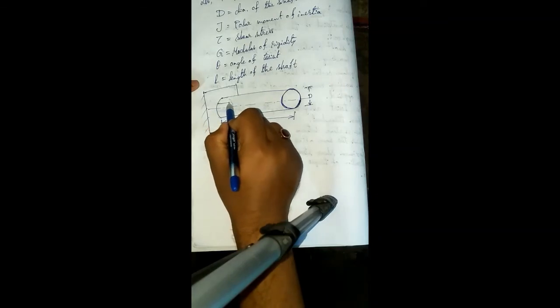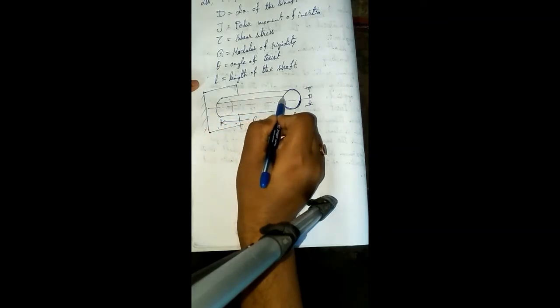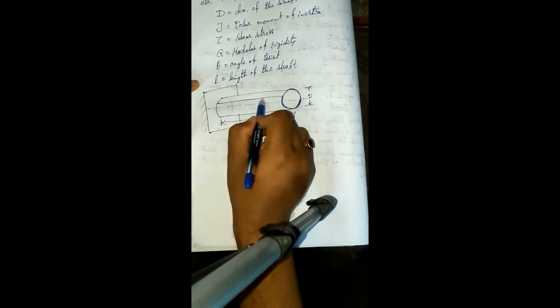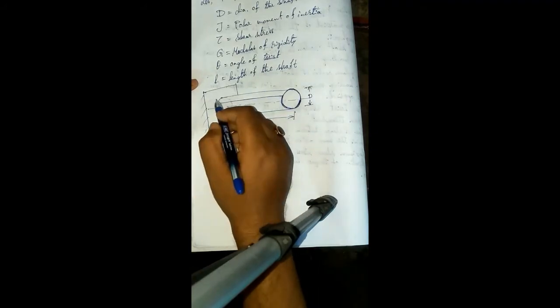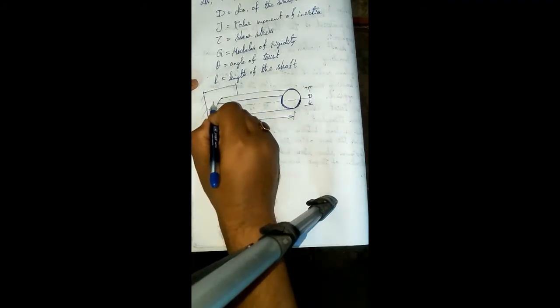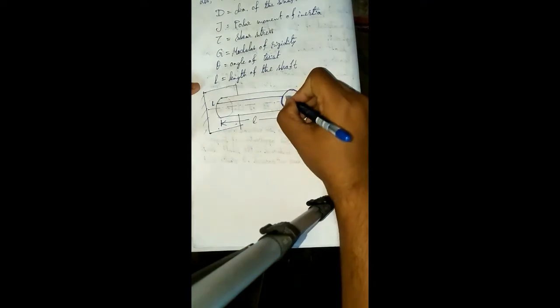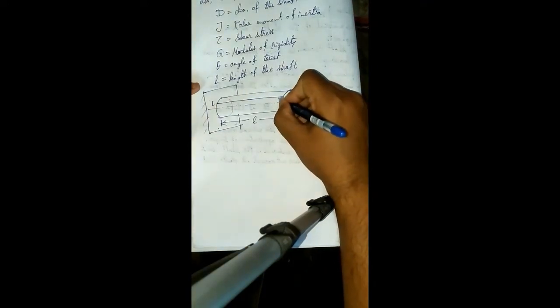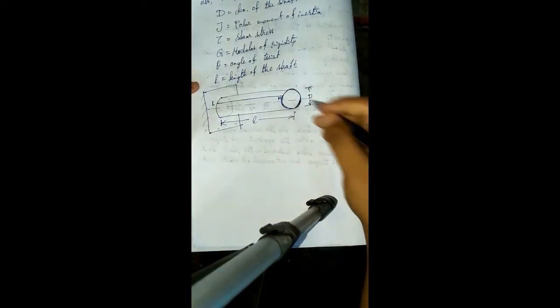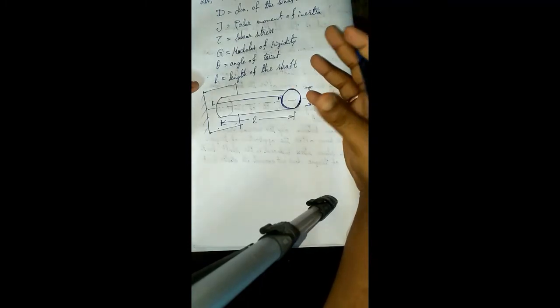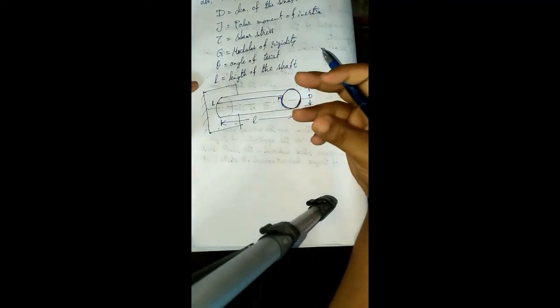Now we are taking an imaginary line on the shaft. Suppose this is capital L and this is capital M, LM.